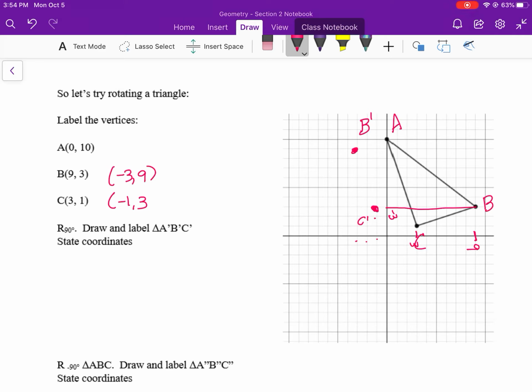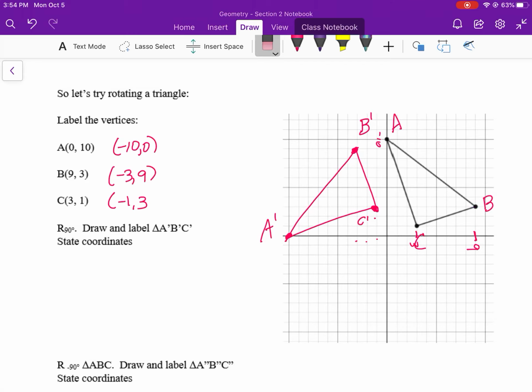This would be B prime. And then when I'm going to turn my iPad back again, this looks like it's just at -10 on the x-axis. So when I turn my iPad back, I go to -10 on the x-axis, and this is A prime. So now my triangle looks like this. I should call this -10, 0.